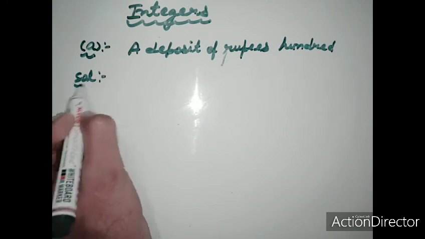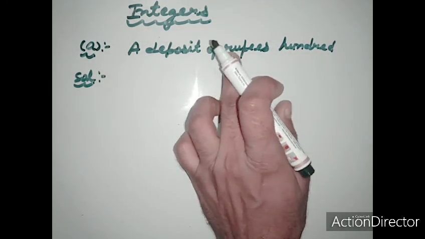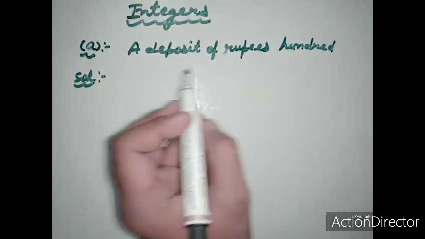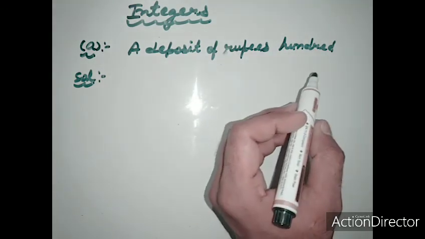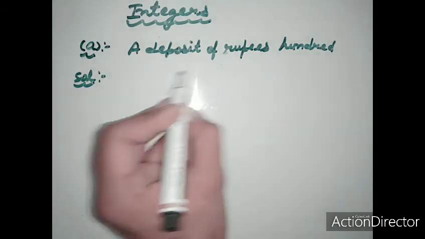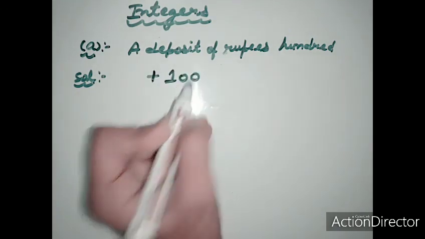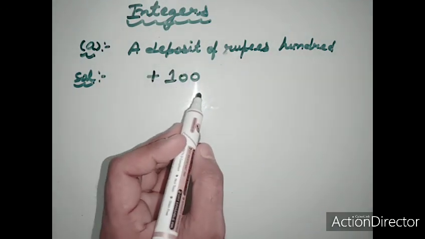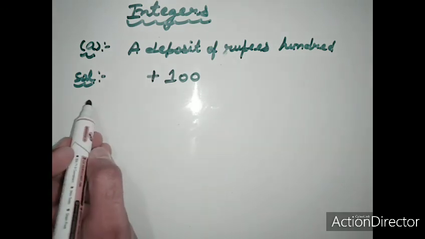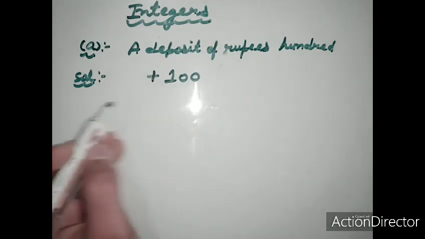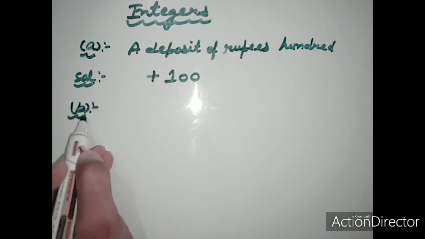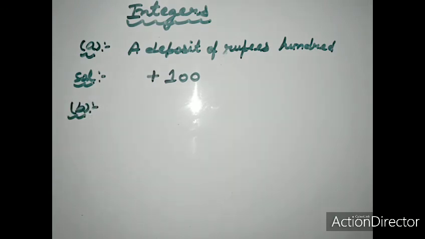If someone deposits some money in their account, this amount will be added to the previous amount, right? So here we say that this is plus 100, and we use this symbol with the number. Now the second one is withdrawal of rupees. Here we say that this amount is negative, so withdrawal of rupees 700 means minus 700, right?